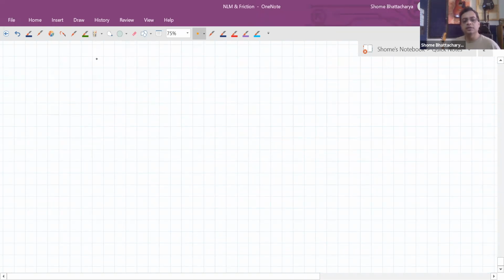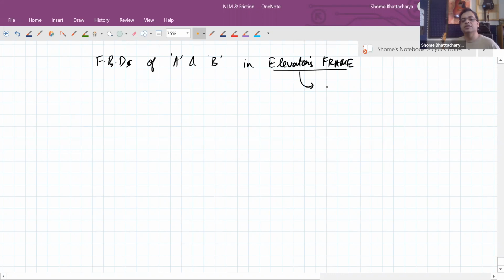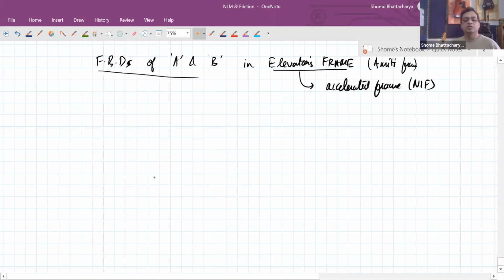So what we will do is we'll make the free body diagrams of the blocks A and B in the elevator's frame. Now the elevator is an accelerated frame, so it will become a non-inertial frame, and that is the frame in which Amit is present. That's Amit's frame. So what he will analyze is the block A with respect to the non-inertial frame, which is going up with an acceleration of A naught.